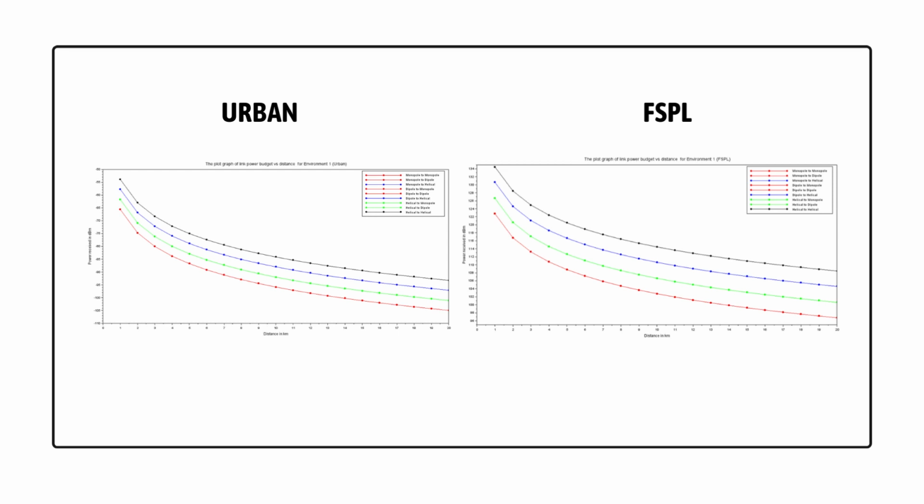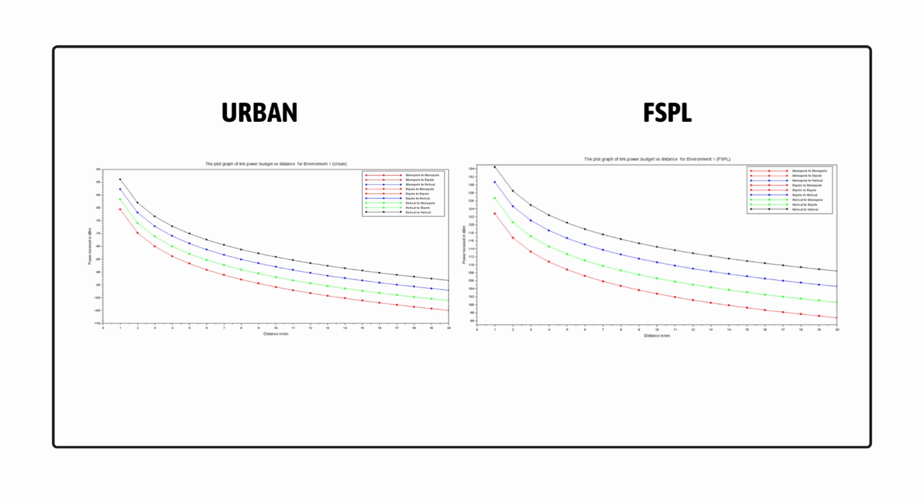In an urban environment, the presence of tall buildings, structures and other obstacles leads to significant signal attenuation, resulting in higher path loss compared to free space conditions. The urban path loss shows a steeper increase with distance, indicating that the received signal power decreases more rapidly than in free space.